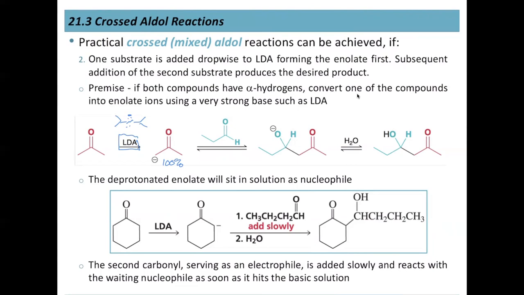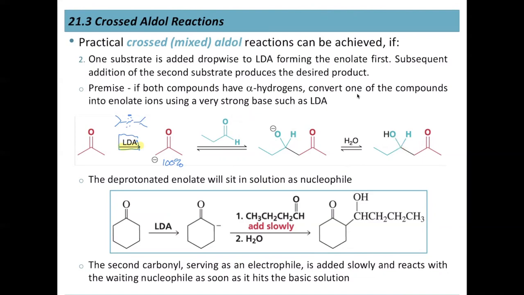Notice that that is an irreversible arrow, so we're not setting up an equilibrium here. And so we get 100% of that enolate, and then we add in our second carbonyl, the one that we want to add to. And it will react, we protonate it, and we've got our beta hydroxy carbonyl, and we don't have all the other products to worry about. We are going to get a mixture of R and S here, but that's 2 products versus 12.